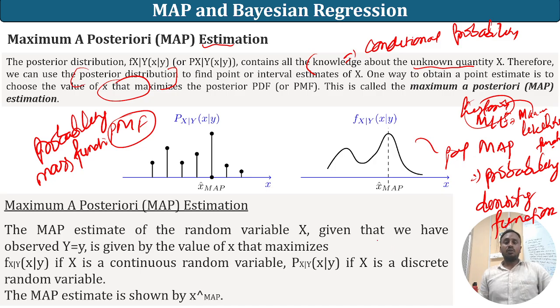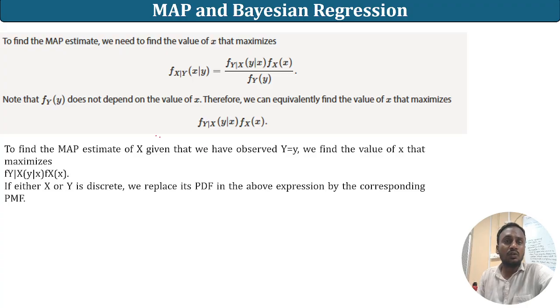So for each point, we have to know all the values for all the unknown quantities, and based upon that we can get the value of the probability for the whole structure or system. To find the MAP estimate, we are going to use the Bayes theorem.